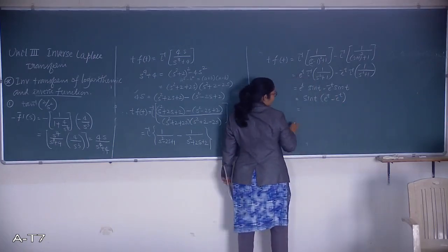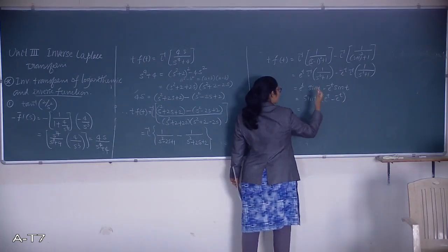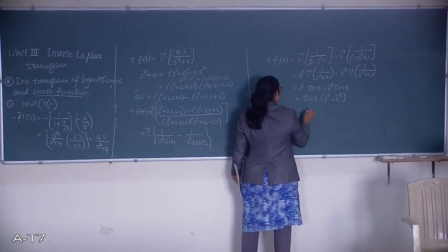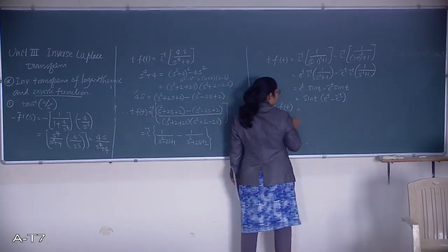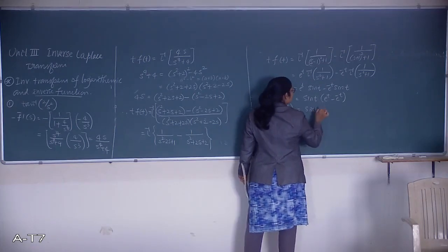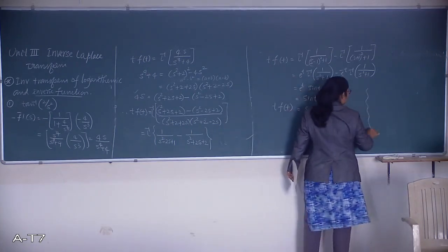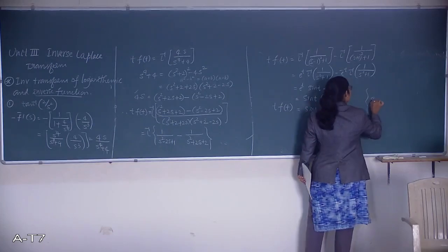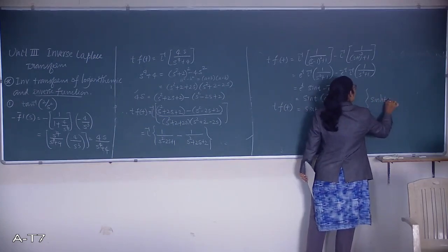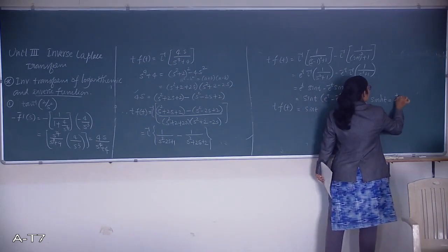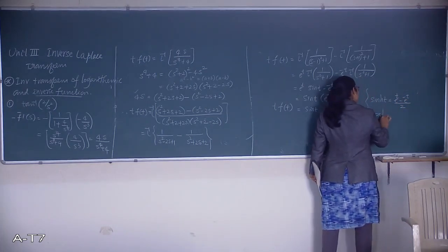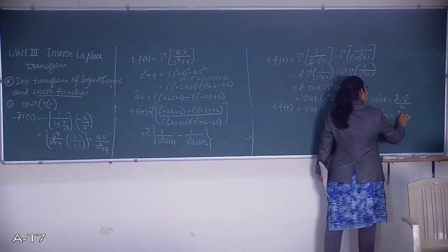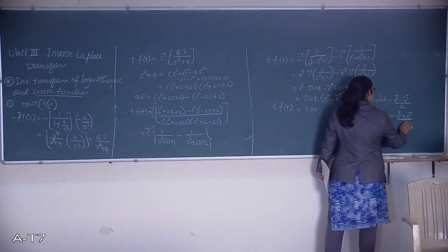Functions we have studied can be written in some hyperbolic standard formula. So the LHS we can't forget: TF of t is sin t, a very standard hyperbolic formula. It will be e power t minus e power minus t divided by 2, whereas cos hyperbolic is e power t plus e power minus t divided by 2.